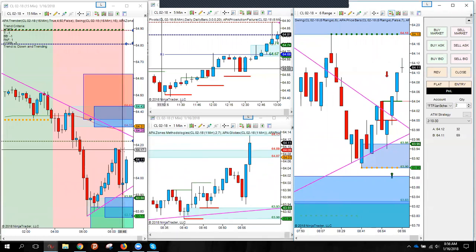I wonder what will happen at 64.17 at the top of this red bar in my 15-minute chart. Will it be resistance or will it break resistance?